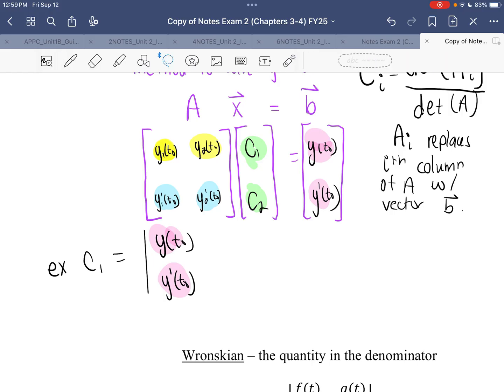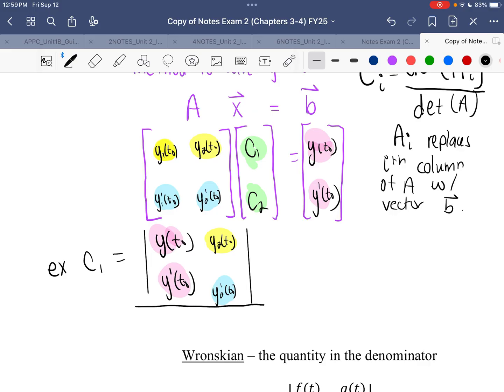And then everything else stays the same. And then I have the vertical bars because I'm doing the determinant and dividing by the determinant of the original A matrix.